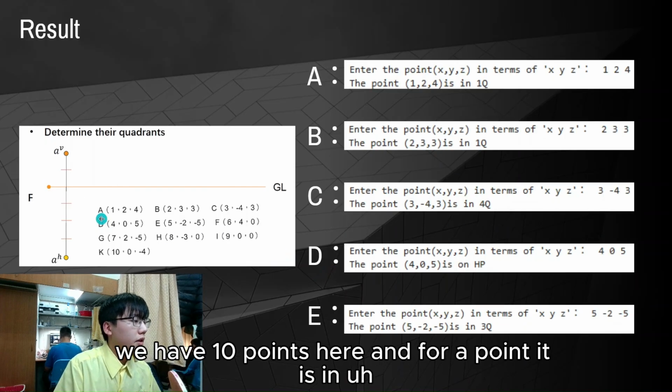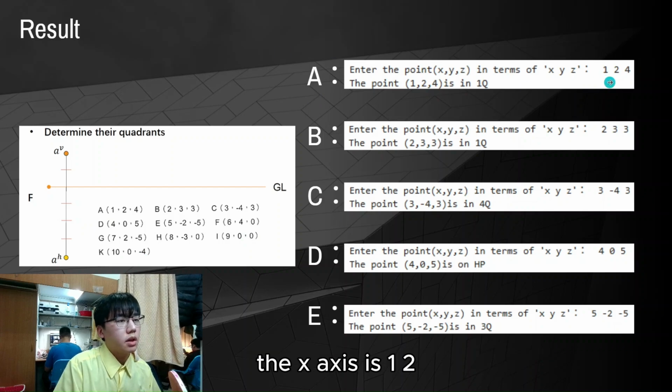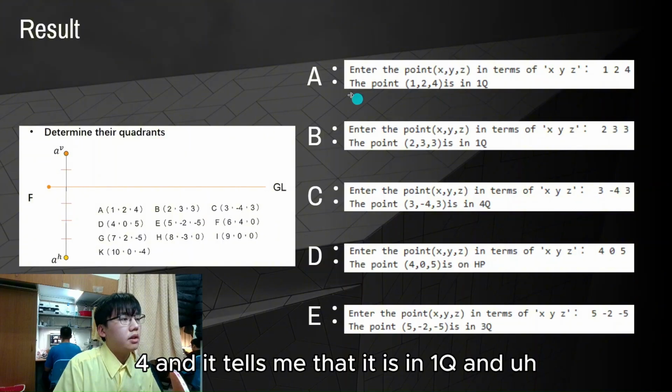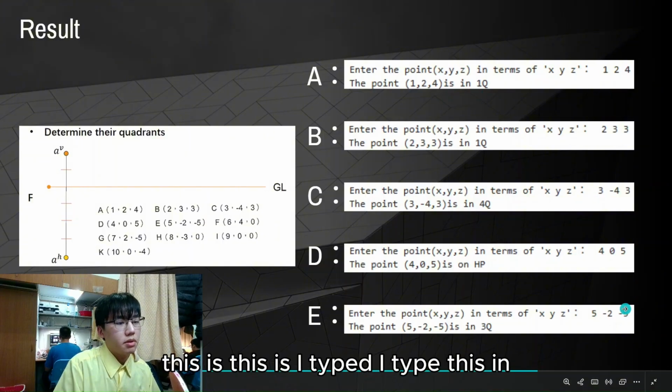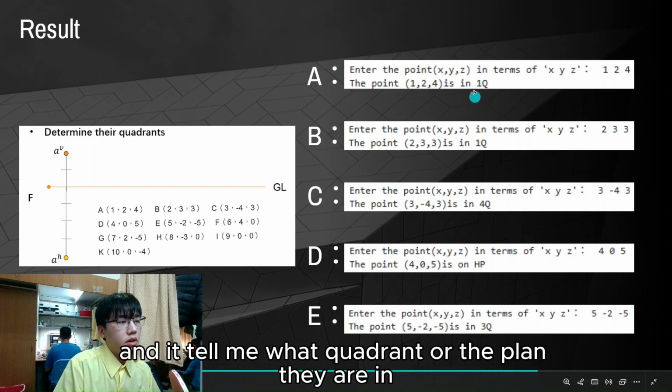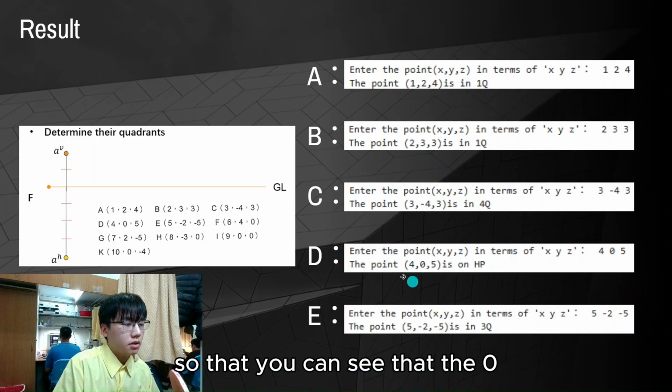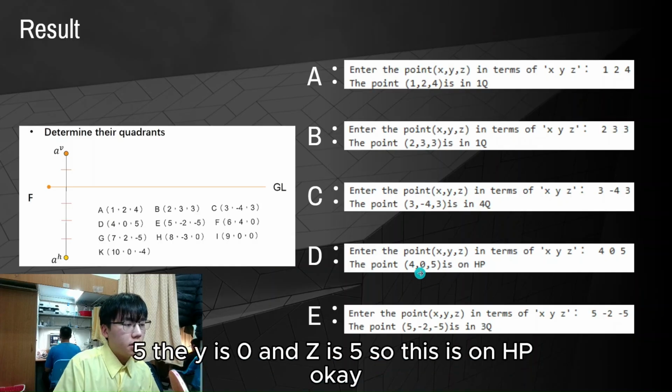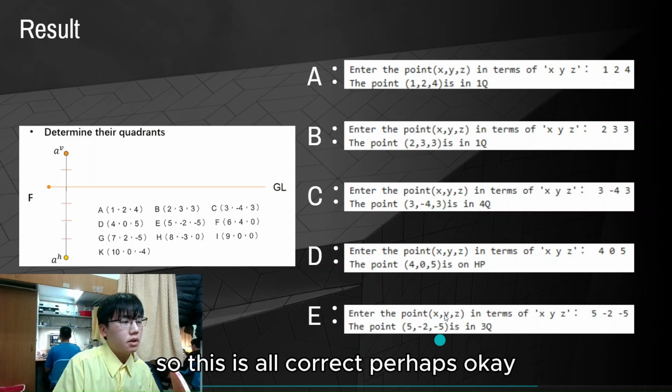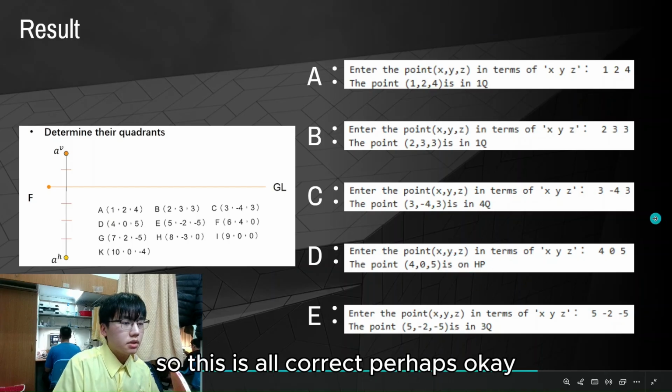We have 10 points here, and for a point where xyz is 1, 2, 4, it tells me that it is in 1Q. I typed this in, and it tells me what quadrant or plane they are in, so you can see that for 0, 5, the y is 0 and z is 5, so this is on HP. Okay, so this is all correct, perhaps.